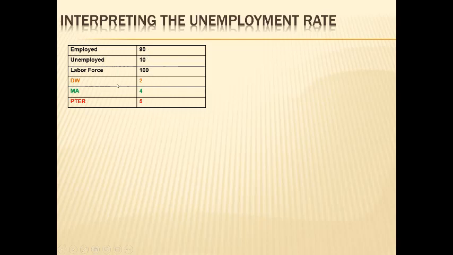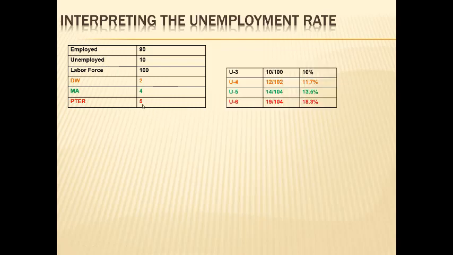And then we're going to have a certain number of discouraged workers, 2, marginally attached, 4, and remember the 2 are included in this 4 because they're a subset of the marginally attached, and then some part-time for economic reasons, PTER, 5. Okay, so we can calculate the unemployment rates, and I'm just looking at the main unemployment rate, U3, and then the broader ones, 4, 5, and 6.